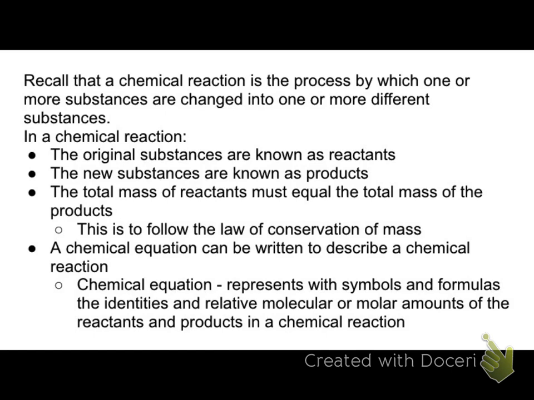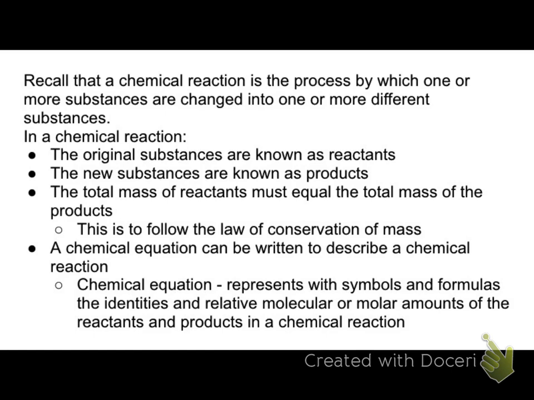So to summarize that in a little bit less wordy fashion, a chemical equation uses symbols and formulas to show us what atoms are in a chemical reaction and their relative amounts. It won't tell you exact amounts, it'll tell you relative amounts. So it's like a formula unit, where it doesn't tell you exact amounts, but it will tell you the smallest whole number ratio required to satisfy it.